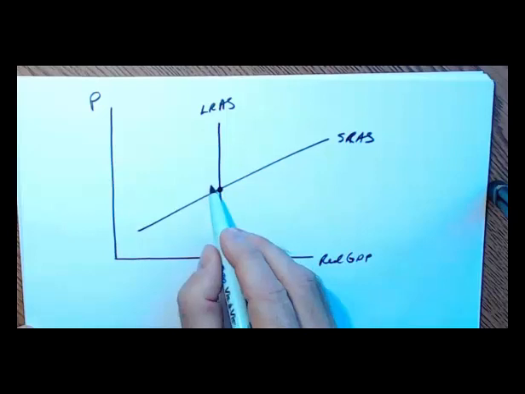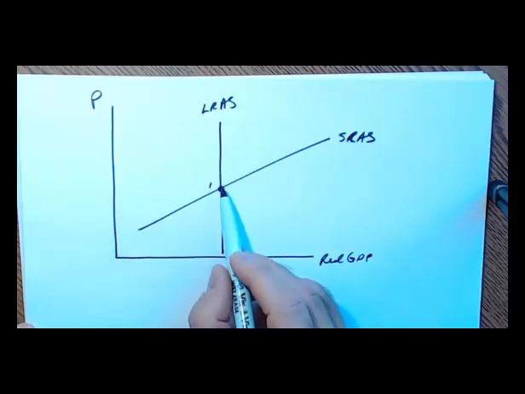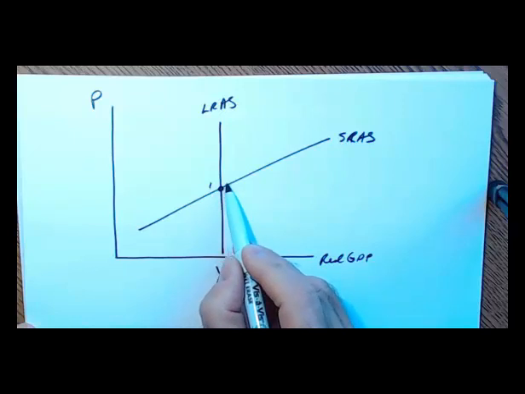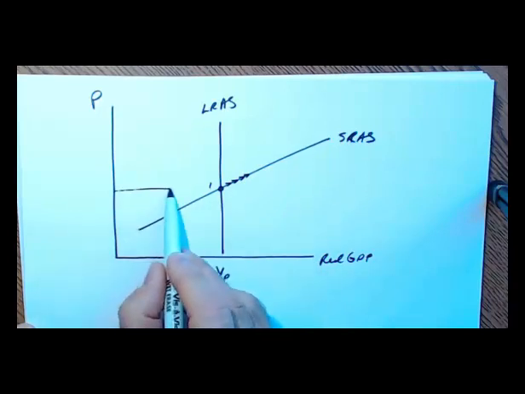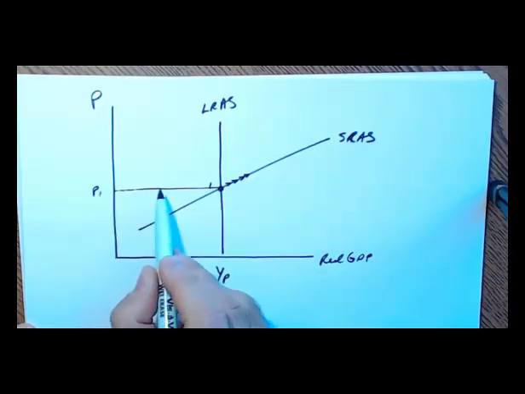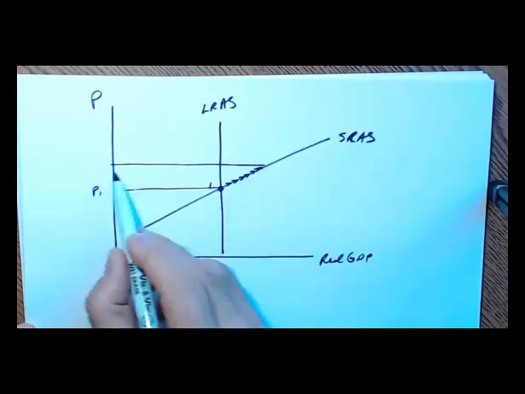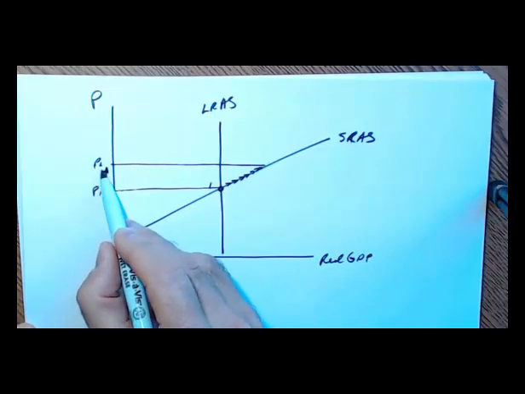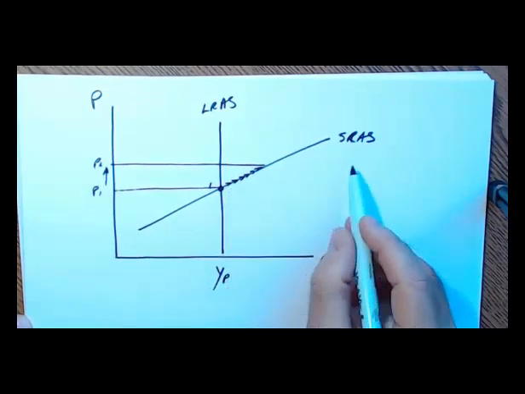We start out with an equilibrium right there, point 1. Now let's assume that we have an increase in the price level. Prices increase, and we have wages that are sticky. So if we go from this price level, P1, to P2, prices go up.